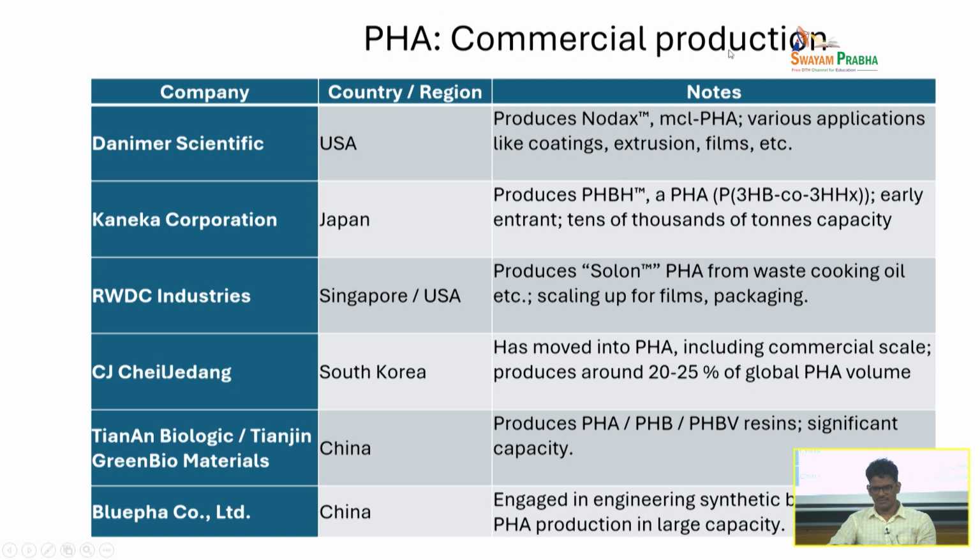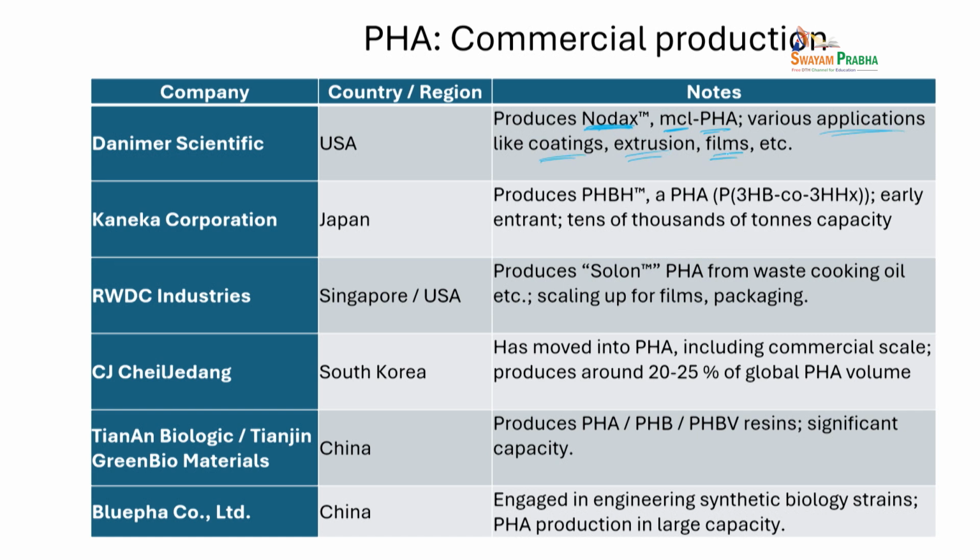So here is a list of companies that are producing. There's one company called Danimer Scientific, US based, and they produce PHA under the product code Nodax. It's MCL, meaning medium chain length PHA, and they use this for various applications like coatings, extrusions, and films.